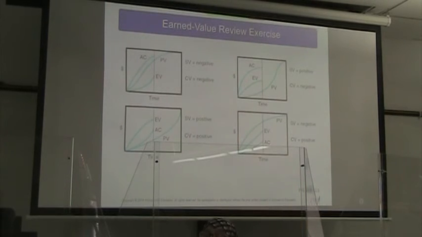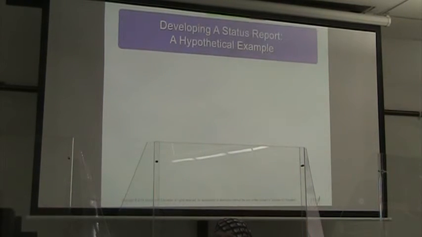And finally, in our lower right-hand corner, we have a graph where we see that our schedule variance is negative and our cost variance is positive. So, there you go. Bob's your uncle. Clear as mud.